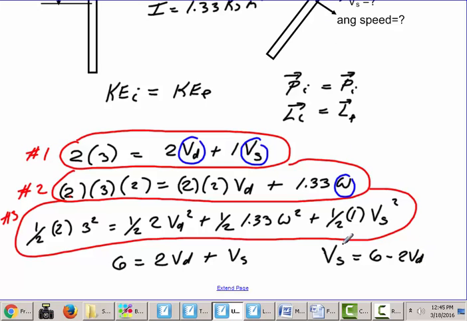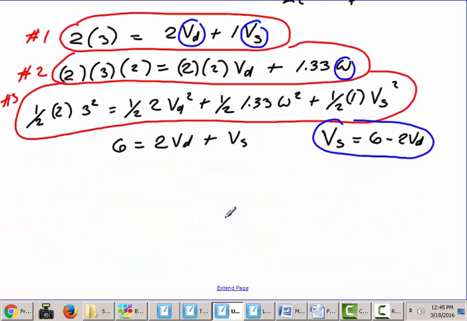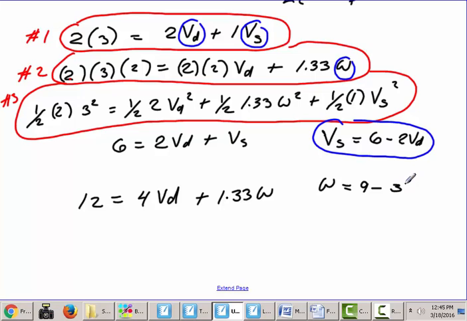I'll circle that in blue. That's going to be one we're going to end up substituting back in. We will take the second equation and multiply 2 times 3 times 2, which gives me 12 is equal to 4VD plus 1.33 omega. We will solve for omega, and we do that division, we will get omega is equal to approximately 9 minus 3VD. Rounding a little bit, but that's pretty close.